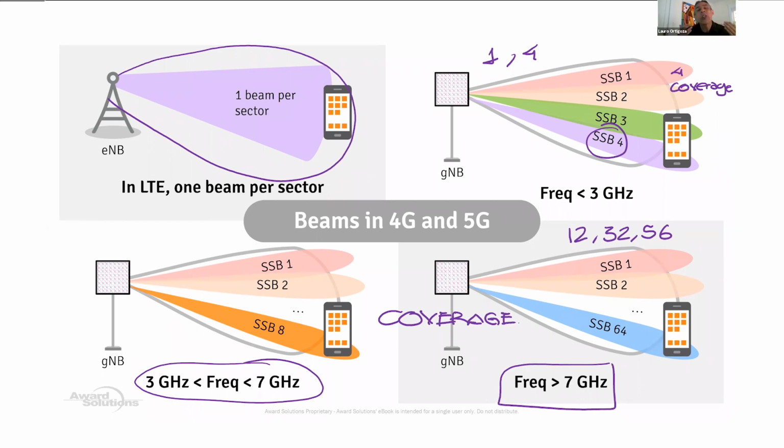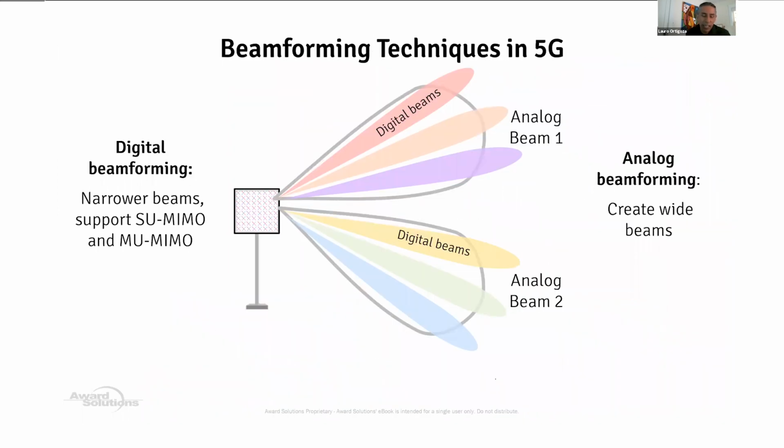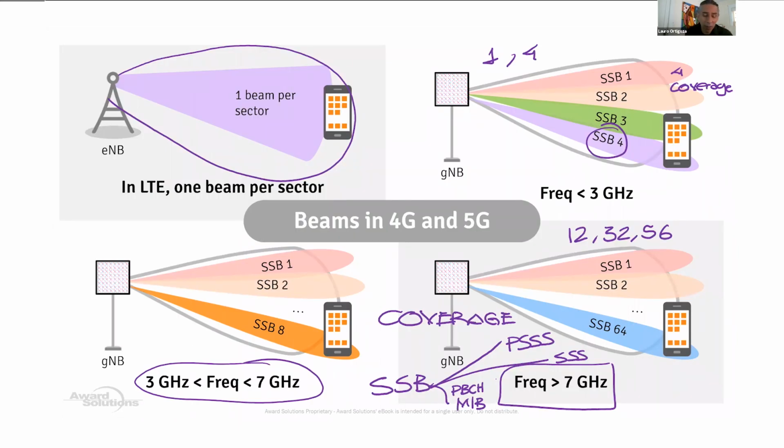This is an example, guys, of one coverage beam. This is one beam in the time domain when it gets transmitted. What you see here as the green resource elements, that's my primary synchronization signal. The blue one is my secondary synchronization signal. What you see in red is the PBCH or my MIB.